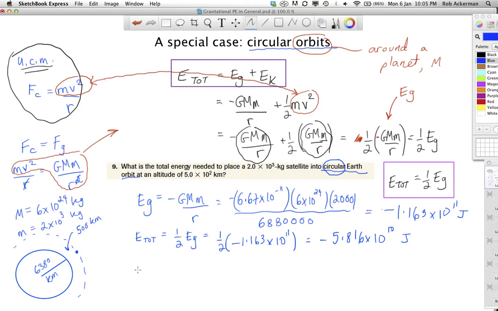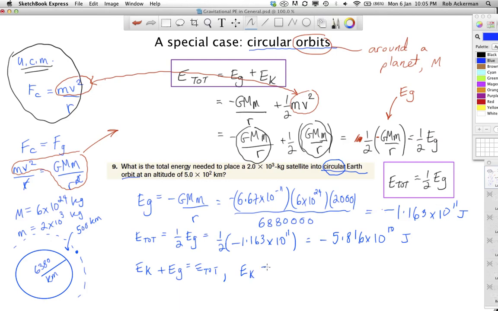Now what else do I know? I know that EK plus EG are equal to E total. And so what can I do with this? Since I know E total, which is this number, and since I know EG, which is that number, I can solve for EK.